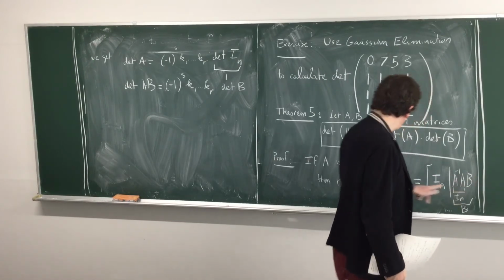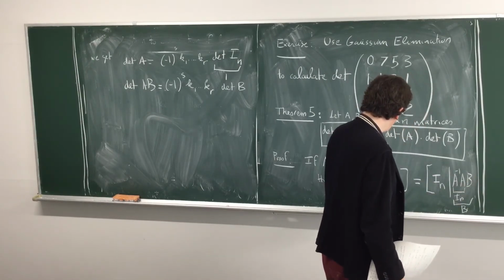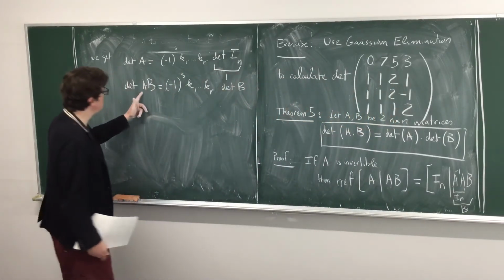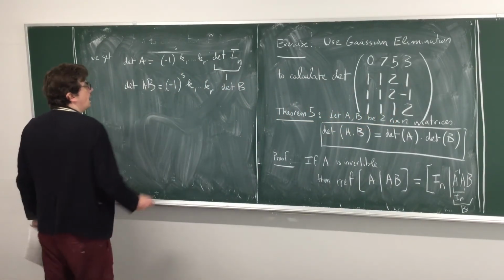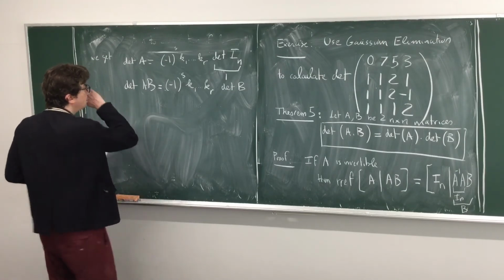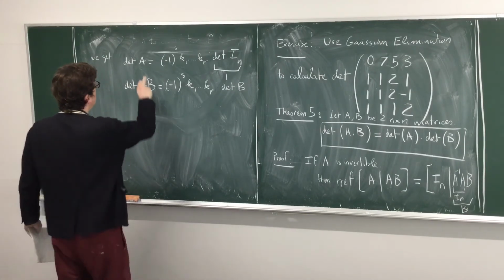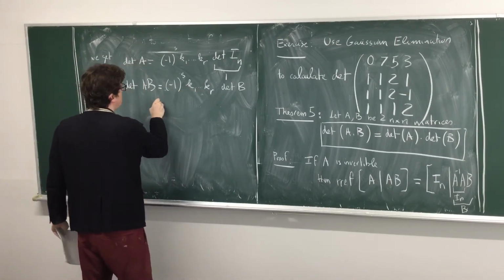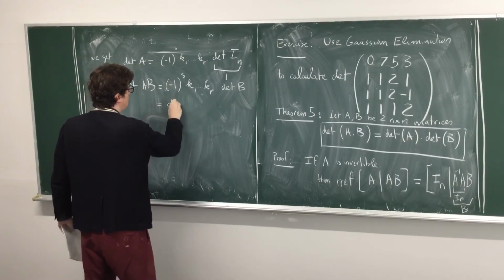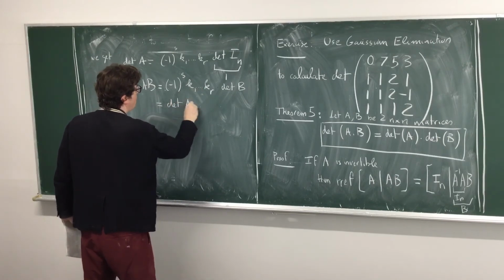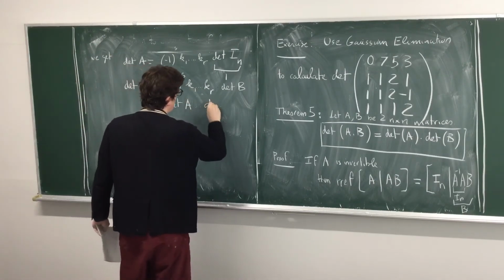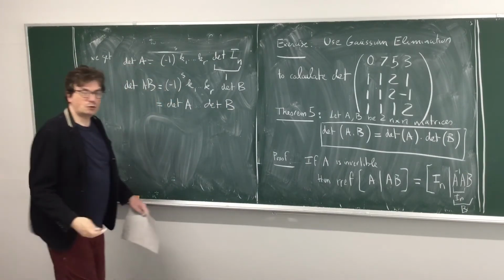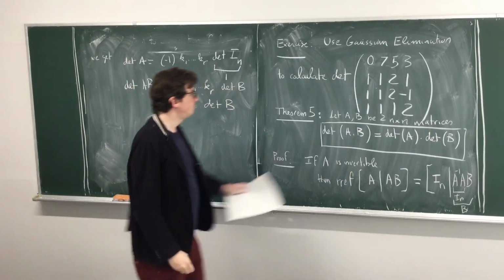The RREF form of AB is just B. So using this, we get this formula. And now we can replace this equation here. By the first equation, the first part is just the determinant of A, as you can see, and then we get the determinant of B. So if the matrix A is invertible, we get our formula.